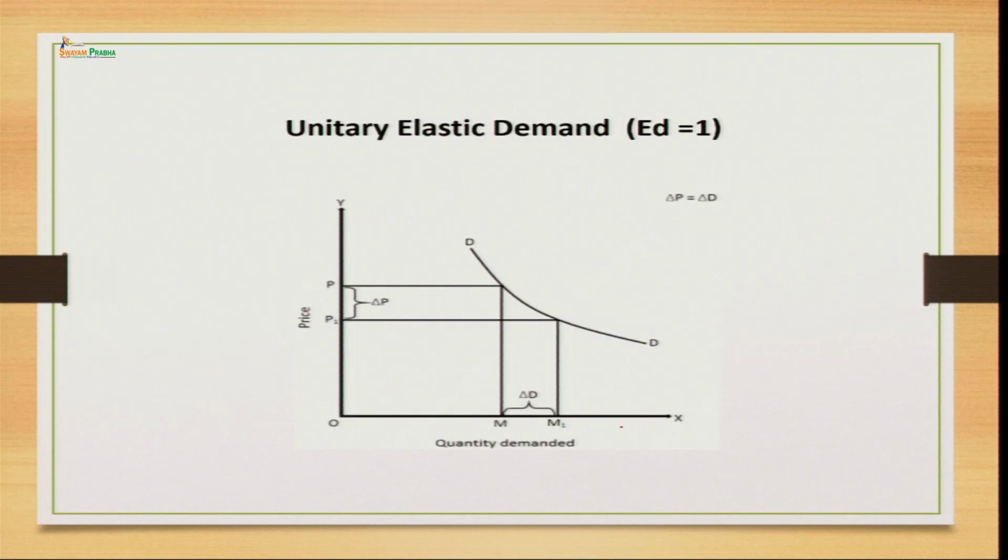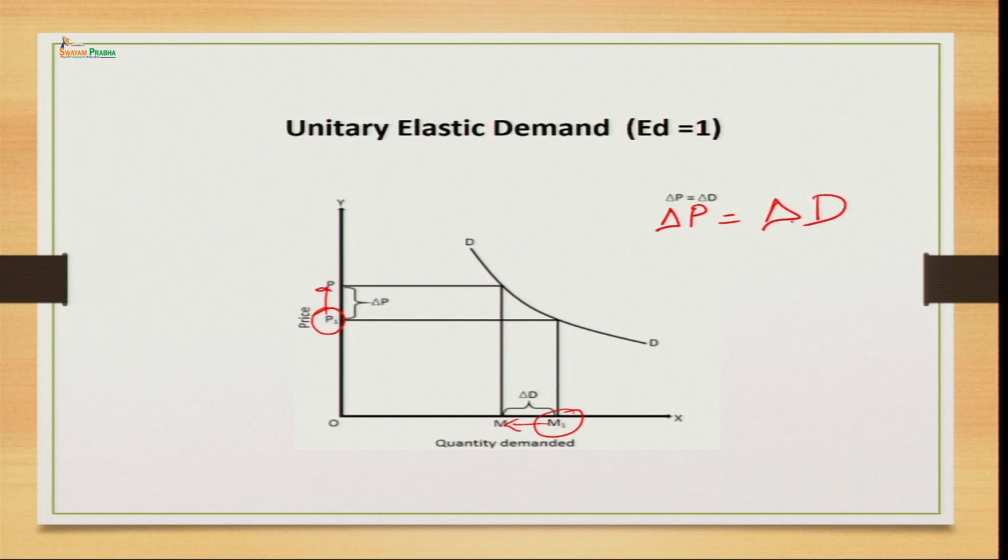Let me show you the curve. This is how we represent the unitary elastic demand, which says that earlier when the price was P1, the quantity demanded was M1, and when the price increases to P, the demand decreases to M, right. And the change which is taking place here is the same. Here the change in price is equal to the change in demand.